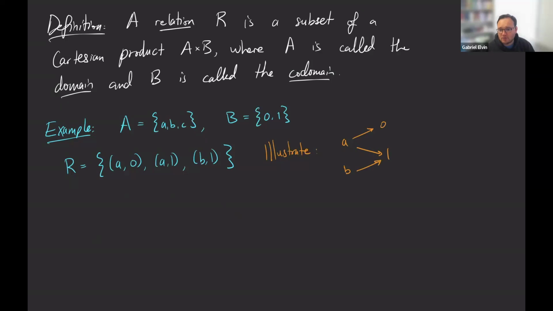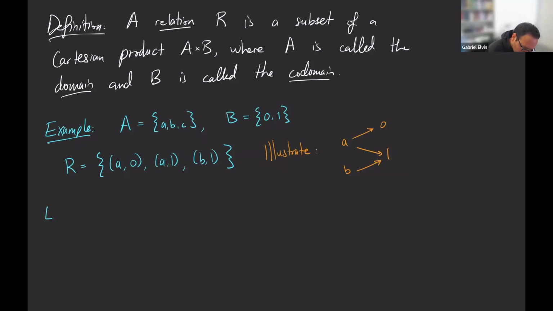So we can draw or visualize a relation like this. And you can see here this makes it not a function, because if I said for each input there's 1 output, well, a would have 2 outputs, so it's not a function because each input needs exactly 1 output. So not a function, but still a relation because it's just a subset of the Cartesian product. So you can take any other subset and that would be a different relation.